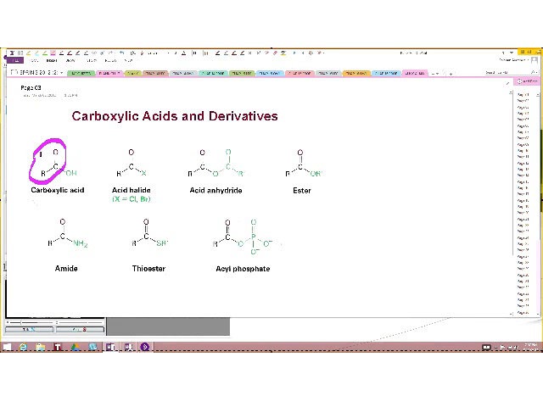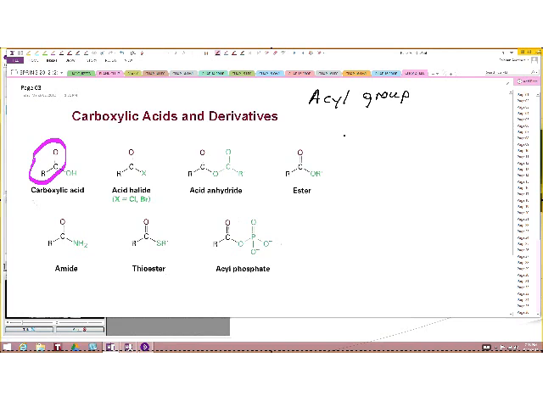If you take this carboxylic acid, this part of the molecule, a carbon attached to a carbonyl, we refer to as an acyl group. We are going to be using that nomenclature throughout the rest of this semester.